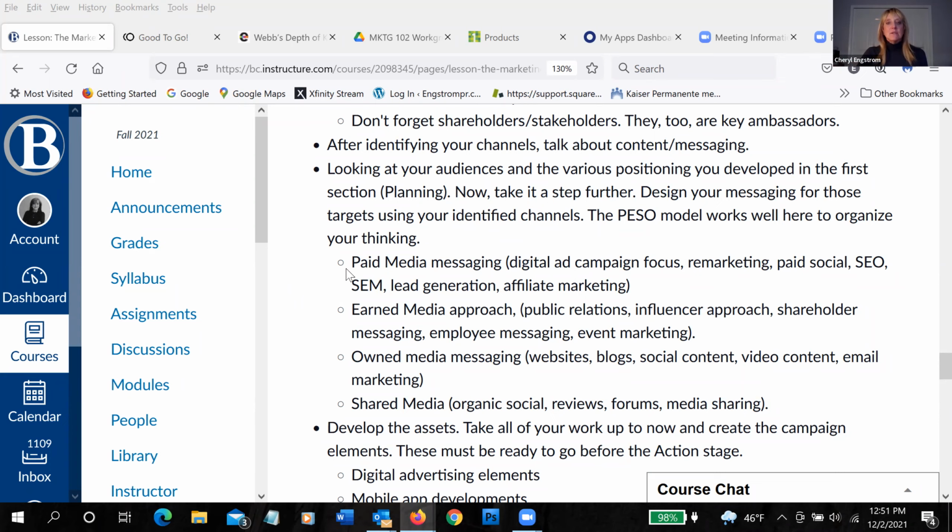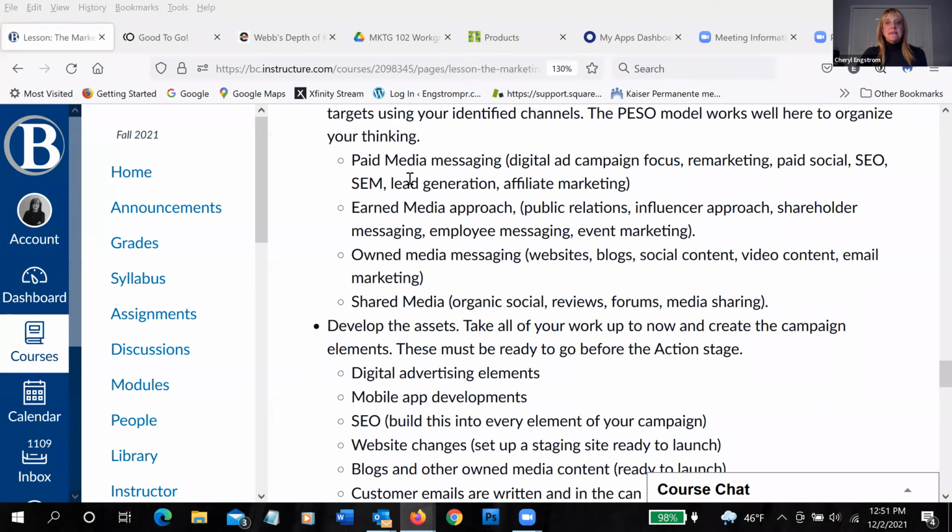Okay, let's look at this paid, earned, owned, and shared. The reason this is a good way to look at your tactics is that each of these outlines different elements of tactics. And I think if you could just look at what paid media we're going to do, and that is like digital ad campaigns you pay for, remarketing, and I want to talk about remarketing in a second here, paid social, SEO, search engine, SEM, search engine marketing, that kind of thing, affiliate marketing.